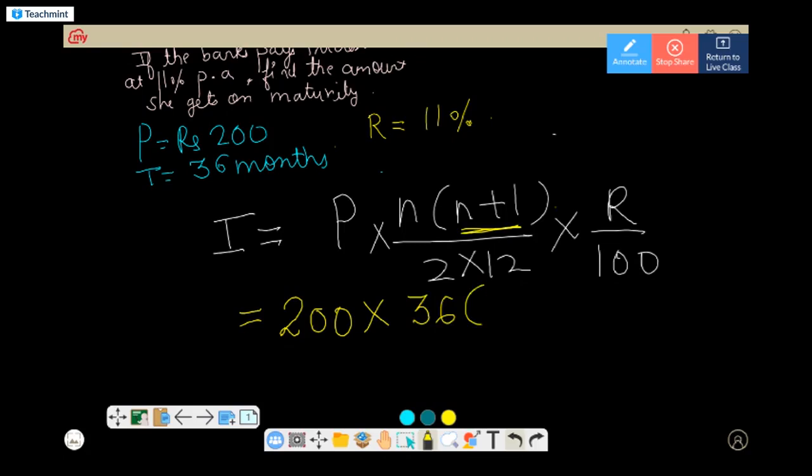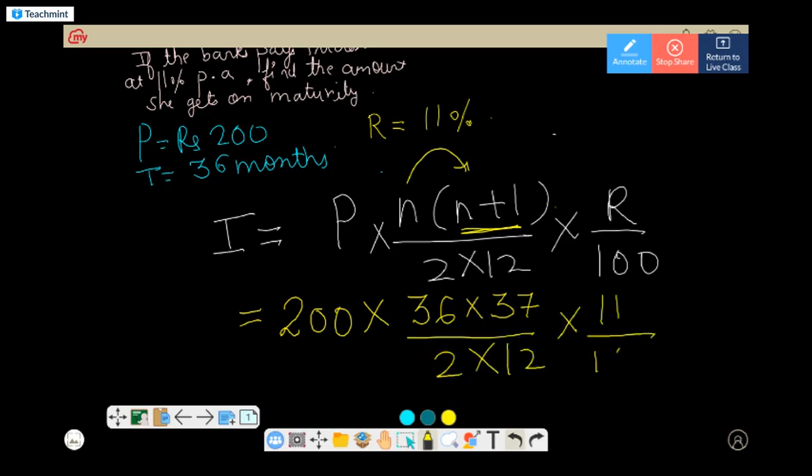You know that 36 plus 1 is 37, so you can directly go by this. And you can replace that round bracket with the multiplication symbol. Whatever number you take, the next number is going to get multiplied. That is what this means. Then you have that 2 into 12, and the rate of interest is 11 upon 100.